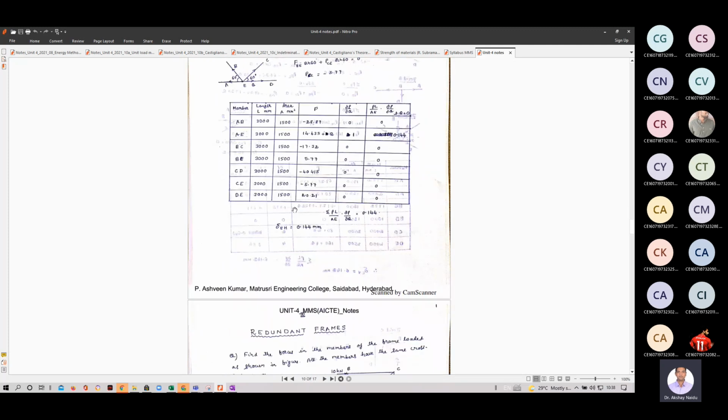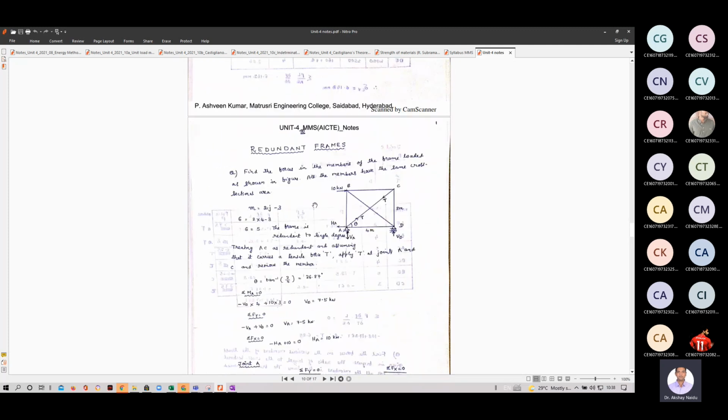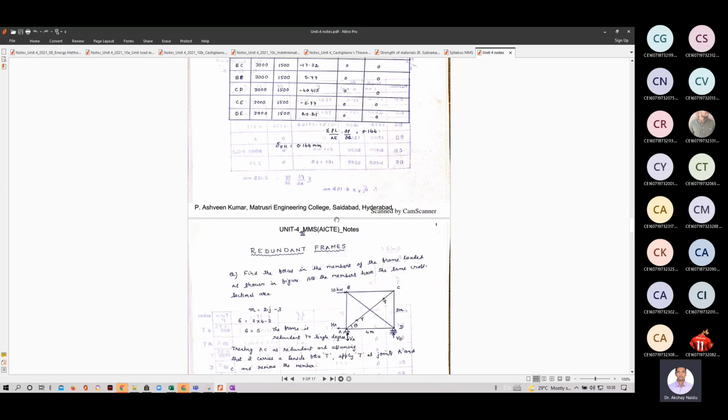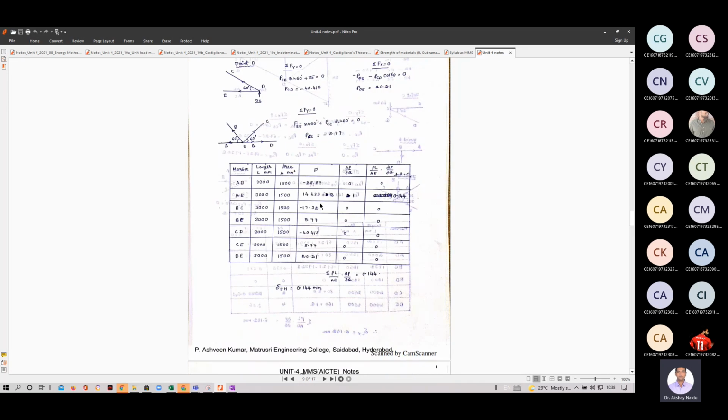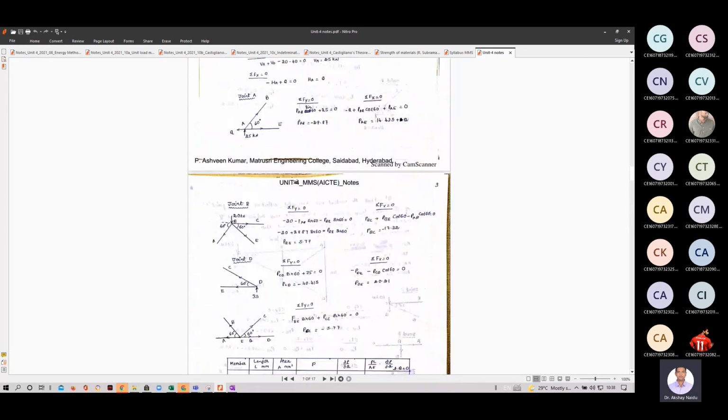Towards the end, this is page number 10, he goes to redundant frames. The redundant frames method I will explain later. But for the first 8 pages of Ashwin sir's notes, you go through the Castigliano's theorem problems.